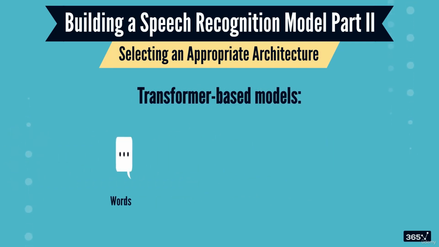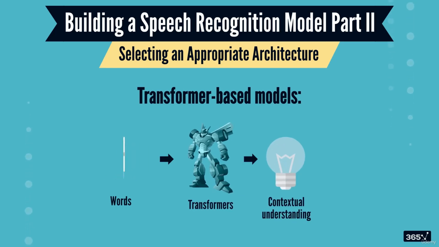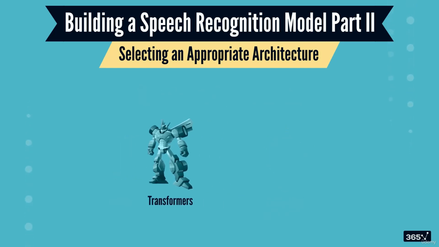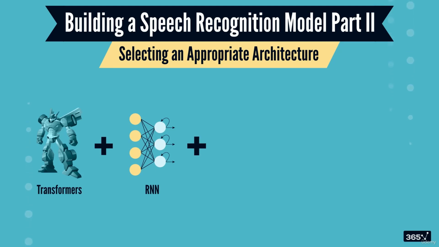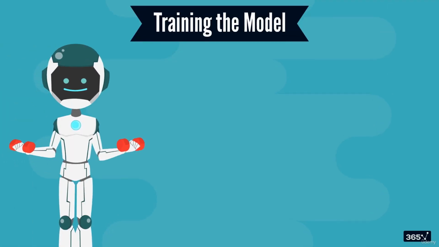Additionally, transformer-based models can capture long-range dependencies and provide contextual understanding. This multi-architecture approach allows the system to learn from acoustic features effectively, while incorporating language models during post-processing to improve accuracy and context understanding. This brings us to the next crucial phase, training the model.